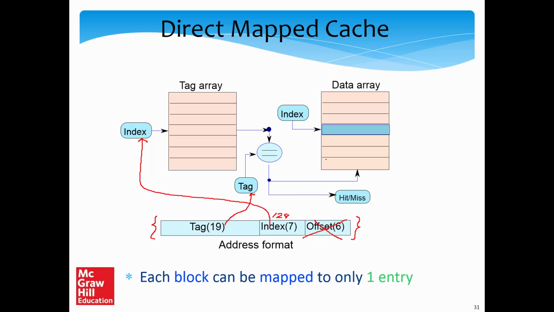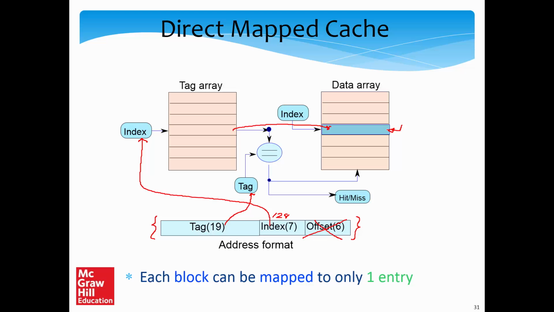If it's a hit, then with the same value of the index, there's a one-to-one mapping again. We have located the block inside the data array that we need to either read or write to. So what's the advantage of a direct mapped cache? It is very simple.